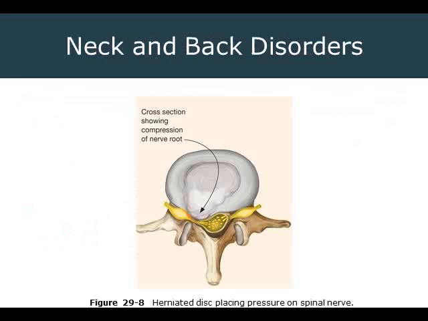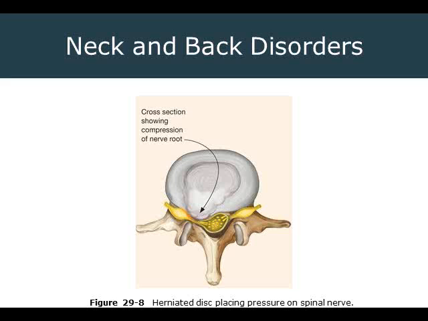Neck and back disorders. There are several disorders discussed throughout the chapter that lead to back pain, whether it's muscle issues or maybe it's bone issues. Maybe it's something like kyphosis. But non-traumatic back pain is very common with a lot of people in the United States who have chronic back pain. Sometimes it's from inactivity.